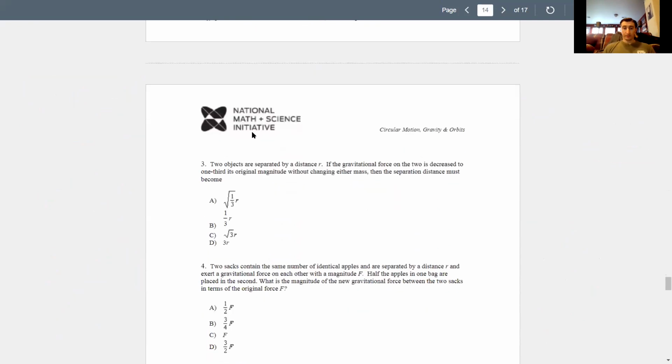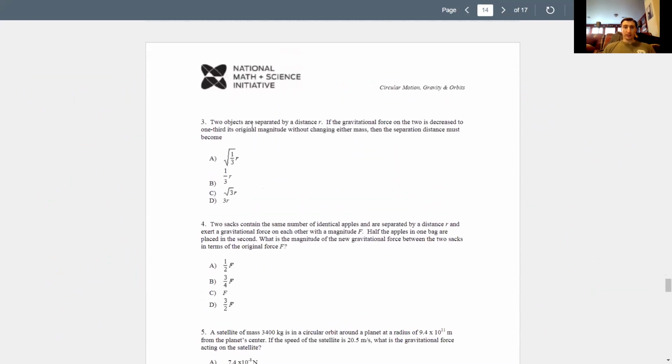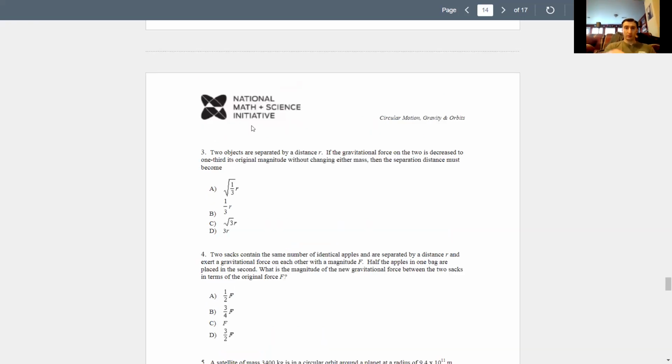Let's keep going here. It says two objects are separated by distance r. If the gravitational force on the two is decreased to 1/3 its original magnitude without changing either mass, the masses have to stay the same, then the separation distance must become, okay. So this is looking at force, so we're going to look at this equation here.